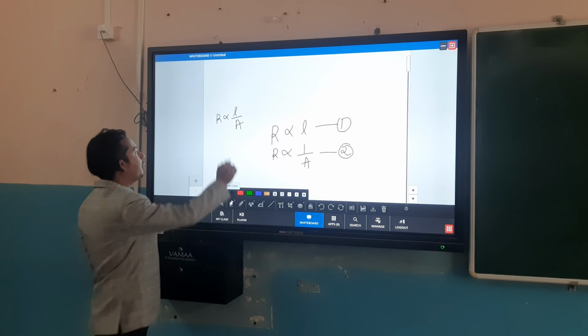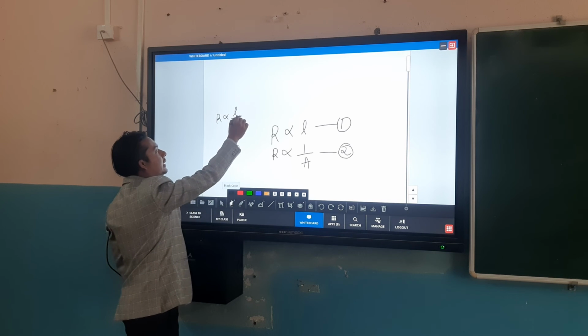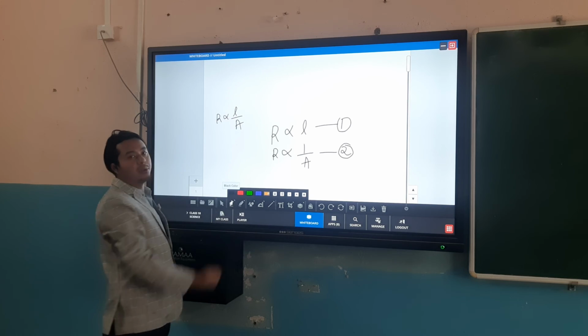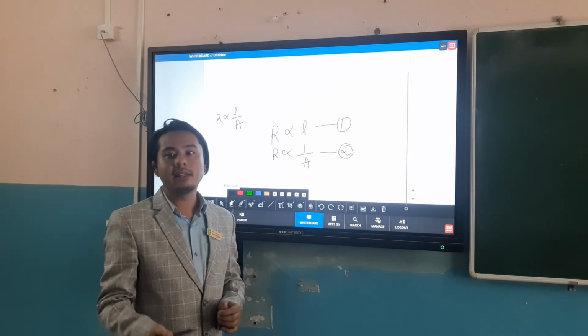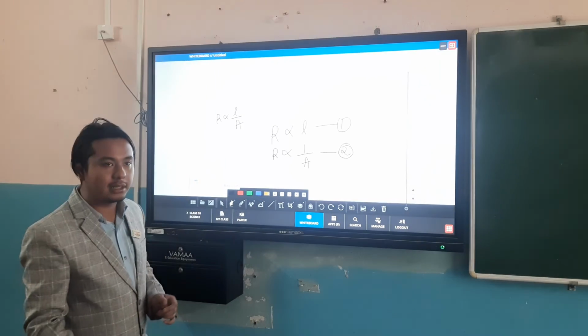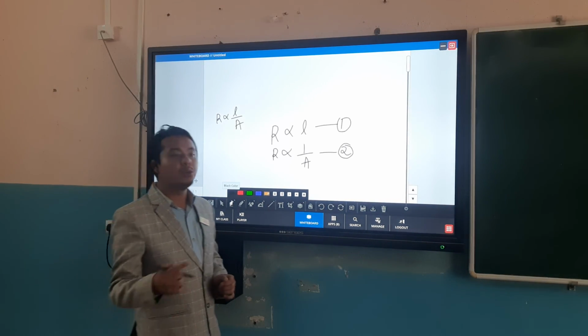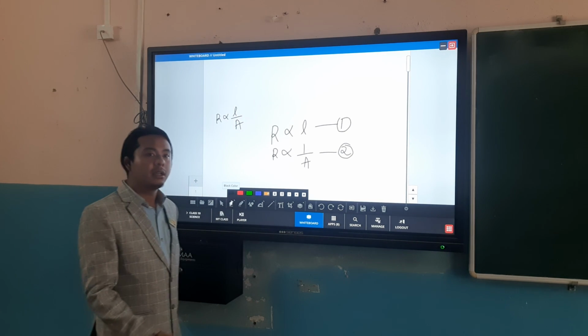So that means if you increase the area, the resistance will decrease. If you decrease the area, the resistance will increase, and it is linearly proportional to the length. So if you increase the length, the resistance will increase, and if you decrease the length, the resistance will decrease. Whenever you remove the proportionality sign, you have to use a constant.